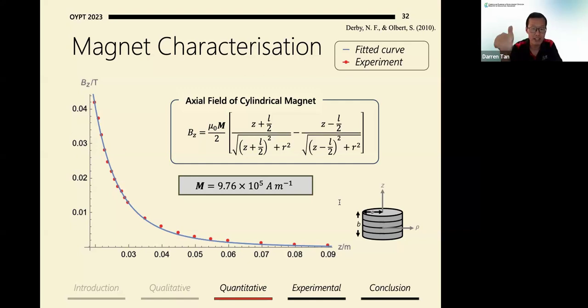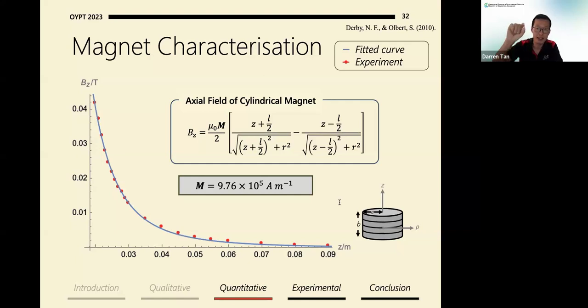And then this graph that she's shown here is really the result of putting a magnetometer or some kind of sensor to figure out the magnetic field strength at various distances along the z direction of the graph of the illustration that she has in the bottom right.